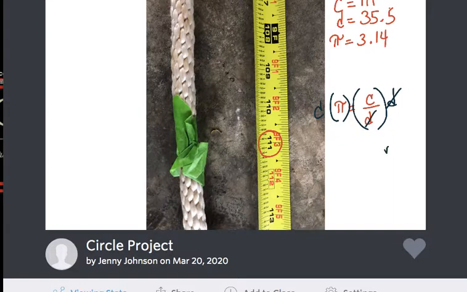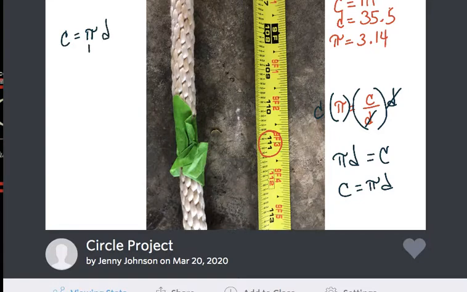These cancel, and you get circumference is equal to pi d. That's what we see the most in textbooks. So pi times the diameter should give me the circumference. So circumference is equal to pi d.